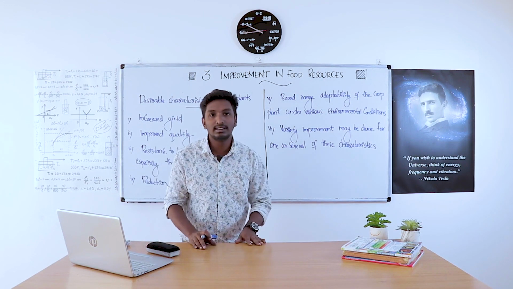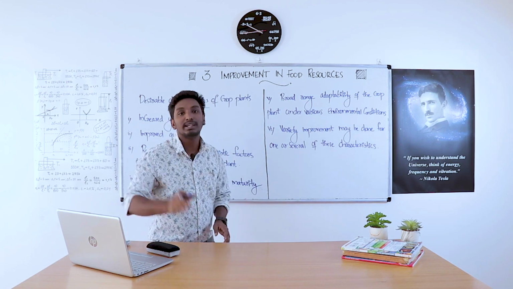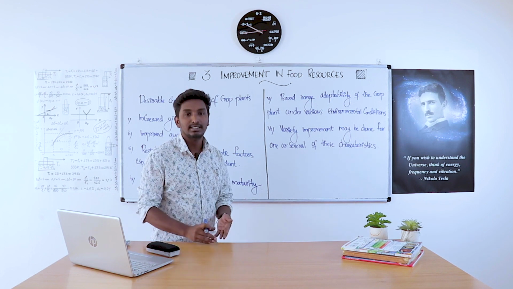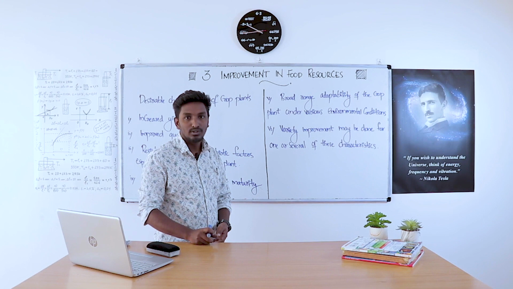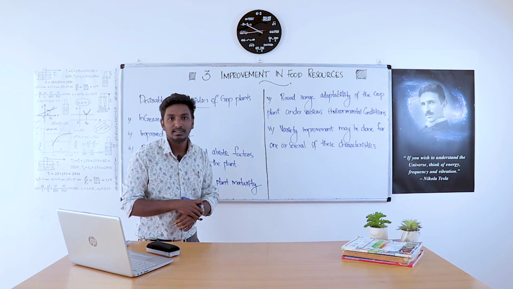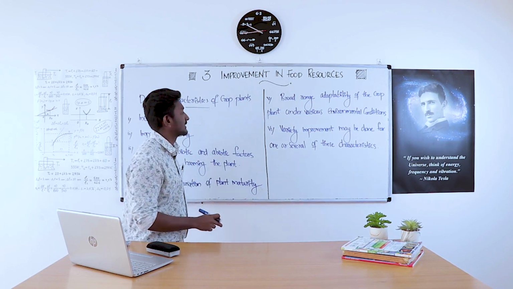You all know that we cannot predict the climatic change or the environmental conditions. It may change suddenly, abruptly. So for these changes, the crop should adapt. That adaptability is a desirable character.